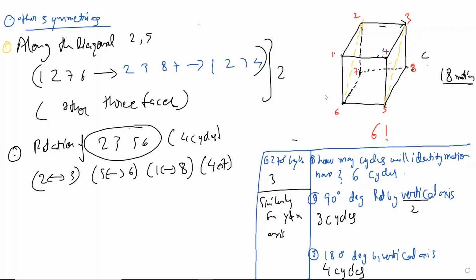It's a similar kind of motion, so it will have the same cycle structure and so on. So there will be four of them like this, because from the top face, you can choose four sides, and from each of those four sides, you can get this kind of a slanting plane.